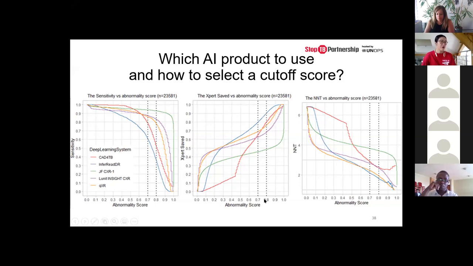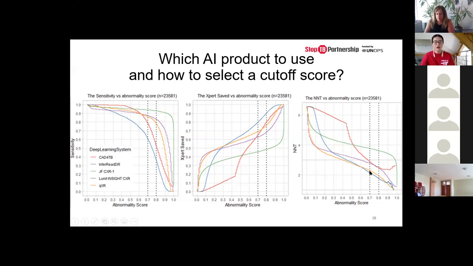This graph shows, as your abnormality score increases, what proportion of Xpert tests can be saved through a CAD program. And this graph has a y-axis of number needed to test, NNT. Obviously, when the abnormality score is 0, everyone needs to be tested by GeneXpert. The number needed to test is the highest.